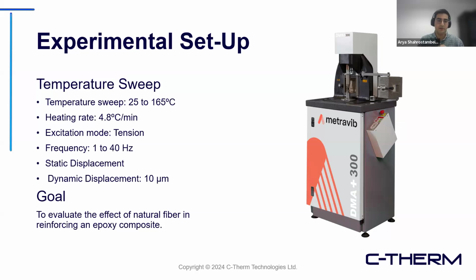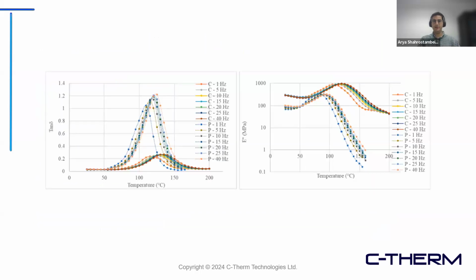The frequency used was from 1 to 4 hertz. A static displacement was applied, along with a dynamic displacement of 10 micrometers. The goal was to evaluate the effect of natural fiber in reinforcing an epoxy composite. But let's see what the results are.